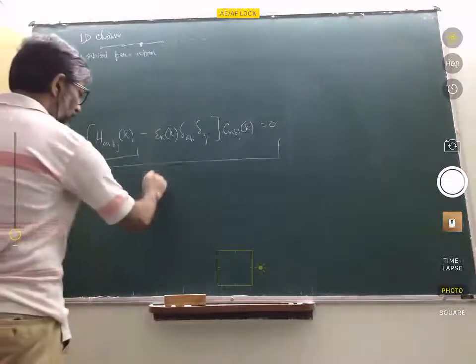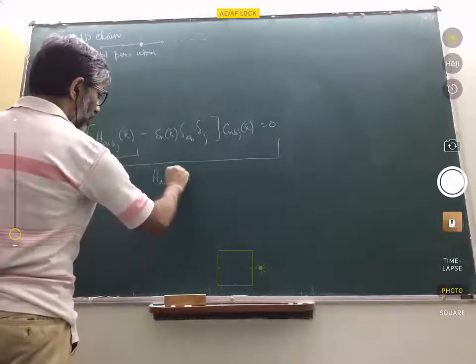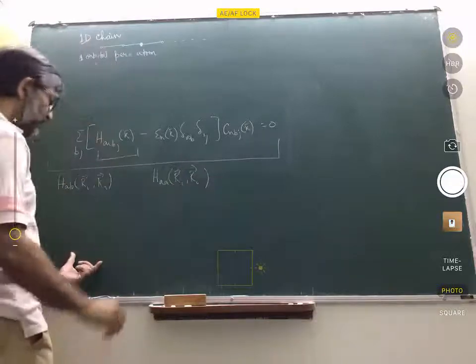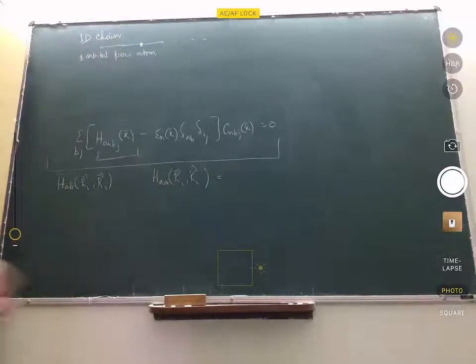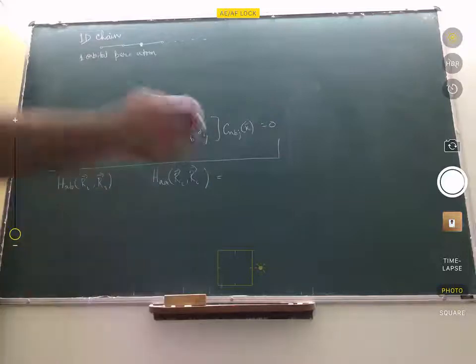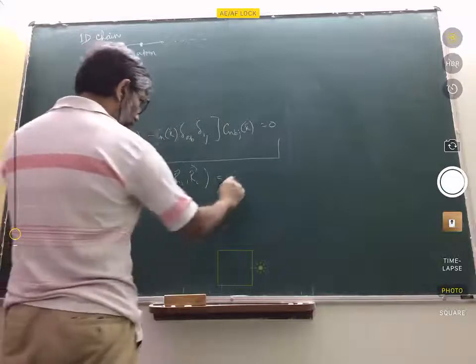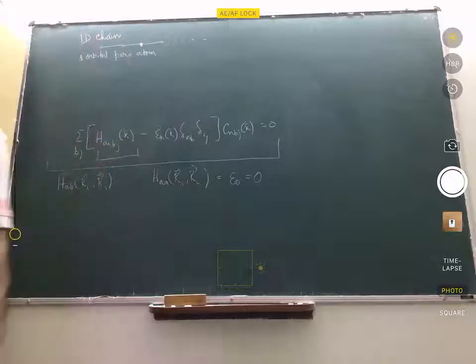So basically, I'm saying what is then the matrix element of H between A at Ri and A at Ri. This will be some constant, the same for every atom, because I have an infinite chain of the same atoms. So it is some number epsilon, or epsilon 0 if you wish. So let us put that equal to 0. I don't worry about that. That's a constant shift of energy. It doesn't tell me anything interesting.